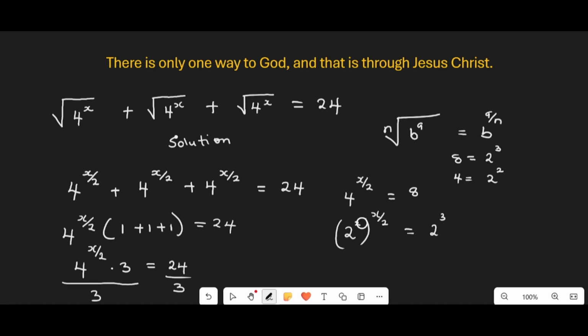So let us multiply 2 and x over 2 together. 2 multiplied by x over 2 will be equal to x. So this side can be written as 2 raised to power x equal to 2 raised to power 3.